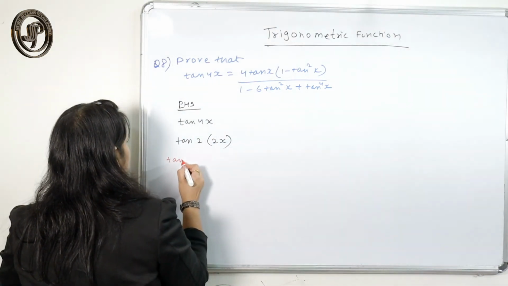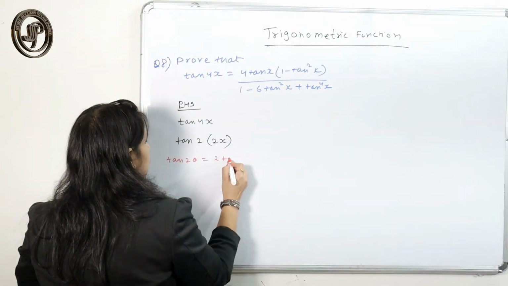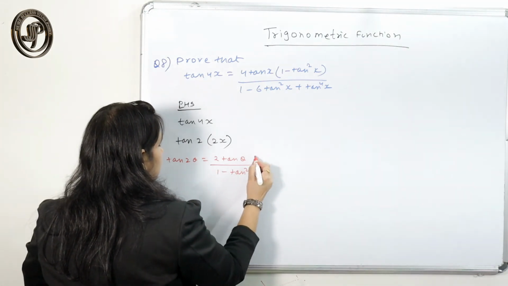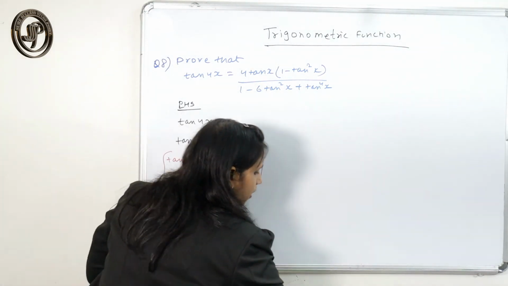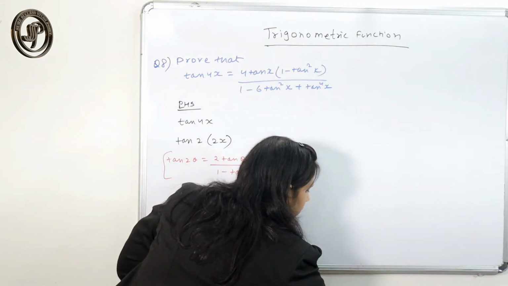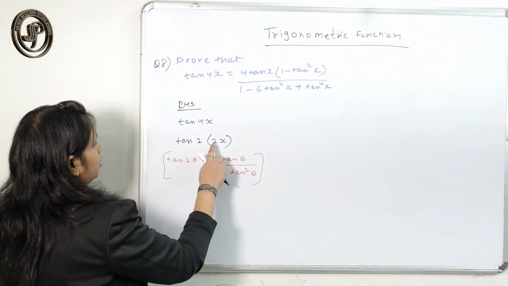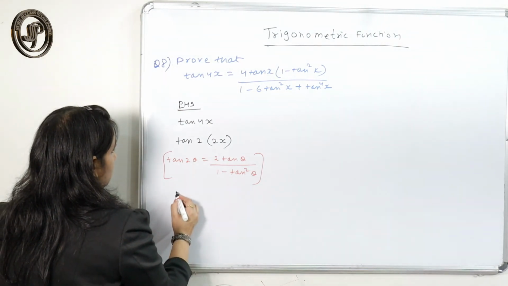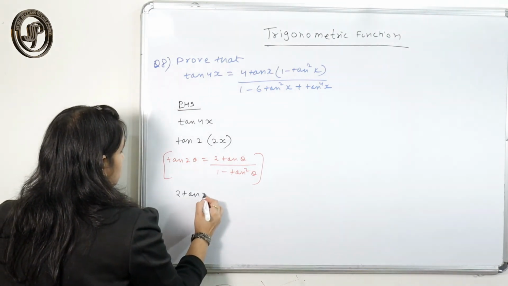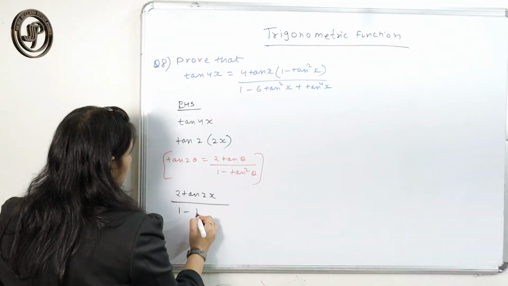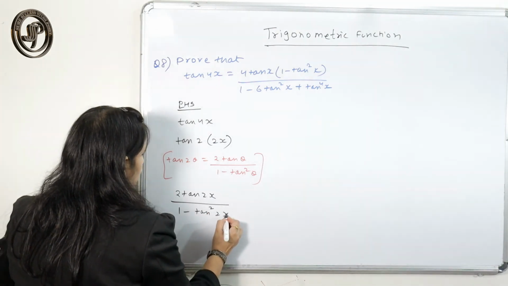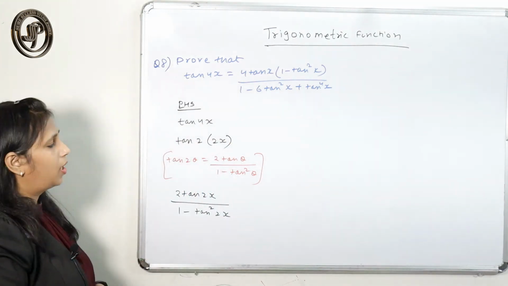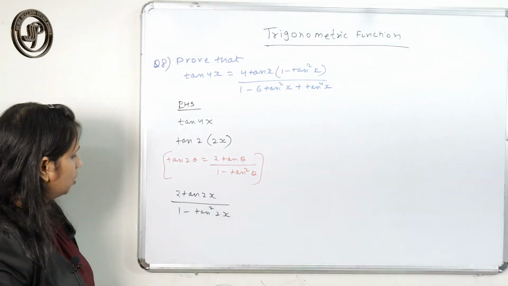Tan 2 theta is 2 tan theta upon 1 minus tan square theta. This is the formula that I am going to apply here. Now this is my theta. So if I apply here, we will get 2 tan 2x upon 1 minus tan square 2x. So I had applied the formula of tan 2 theta.